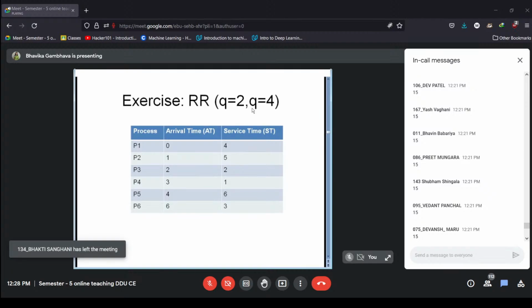Okay, tell me whether my statement is correct or not. For time quantum 2, for the first time quantum P1 will be executed. In the second time quantum P2 will be executed. And in the third time quantum P3 will be executed. Is it correct?